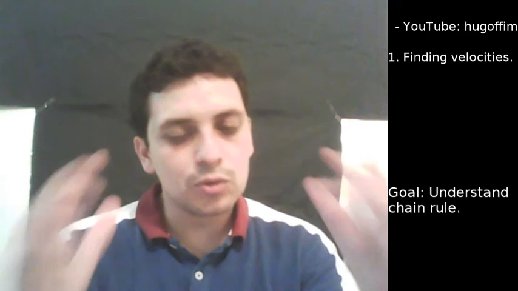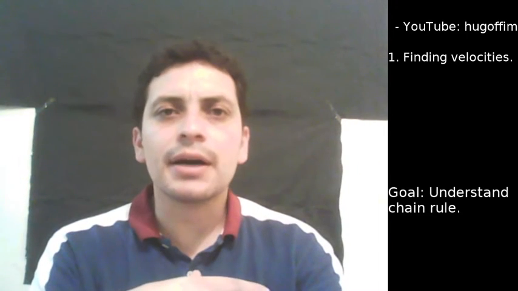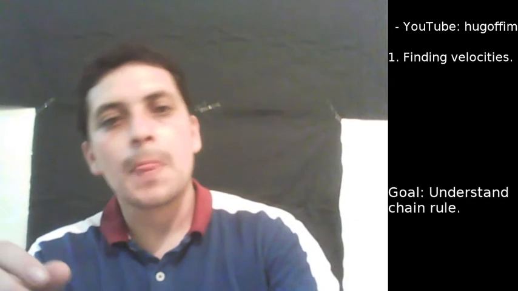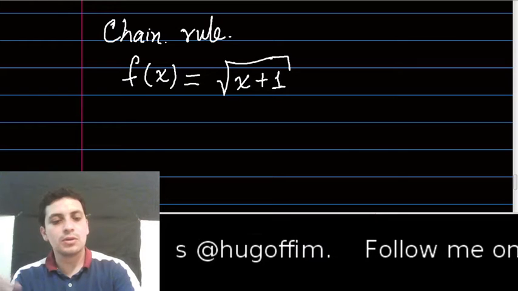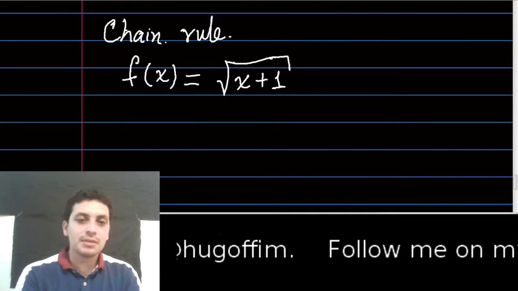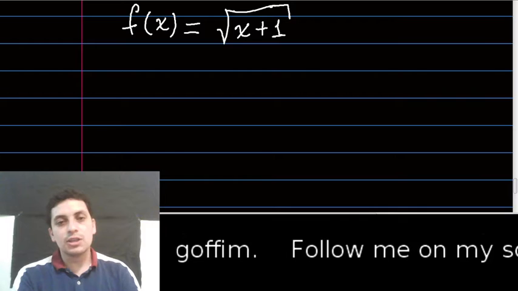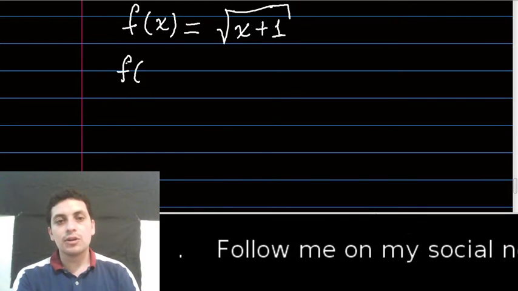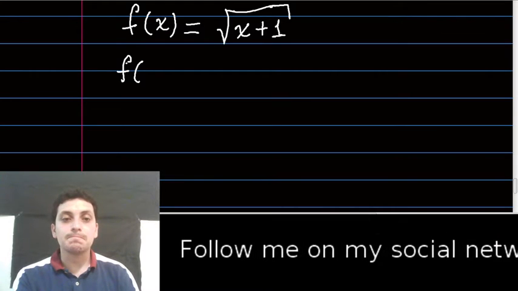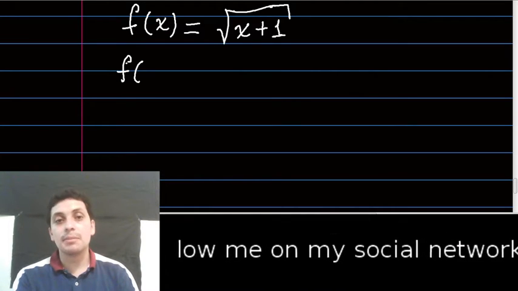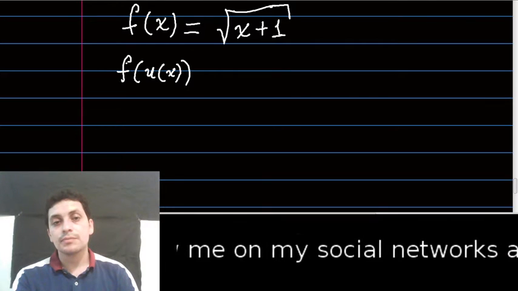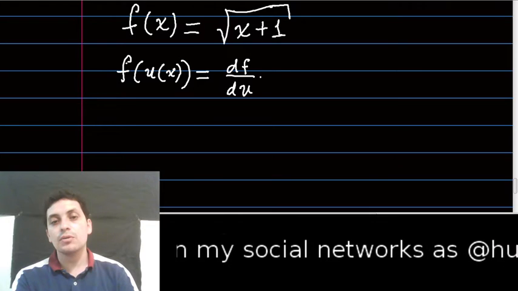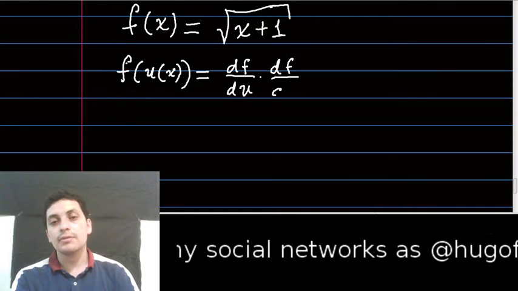So we're going to do the chain rule, and with this example you're going to see the power behind the chain rule. So to start, we're going to see the function, we're going to get the derivative, and the chain rule just says that if you have a function that could be the composite of another function, you just can apply this rule, df/du times du/dx.